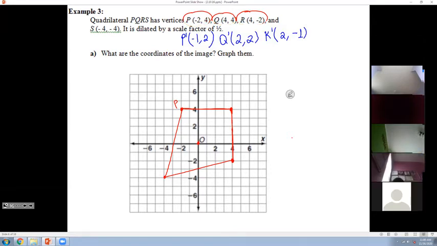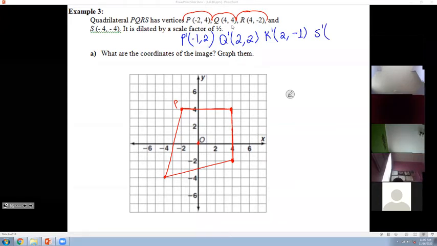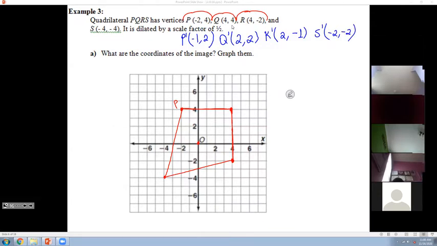And one more, S prime. Negative 4 times 1 over 2 is negative 2, and negative 4 times 1 over 2 is negative 2. Now let's plot that. Guys, are you expecting a bigger shape or a smaller shape? Please type it in here.